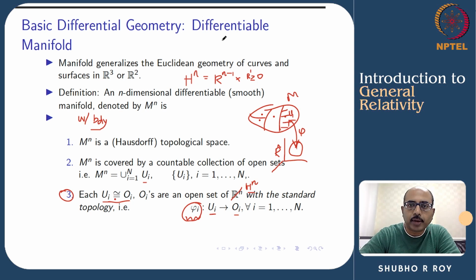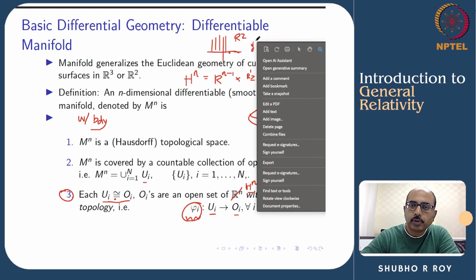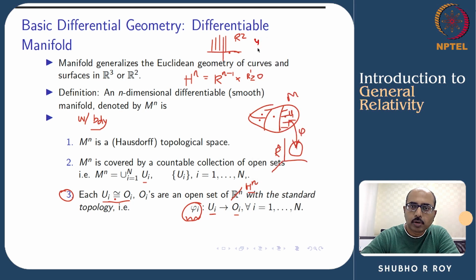For example, consider R2. And now if I restrict myself to the upper half, that is only y positive, if I restrict myself to y greater than or equal to 0, the upper half plane, as you will say, or if you want to be more accurate, the closed upper half plane, which means it includes the x-axis.